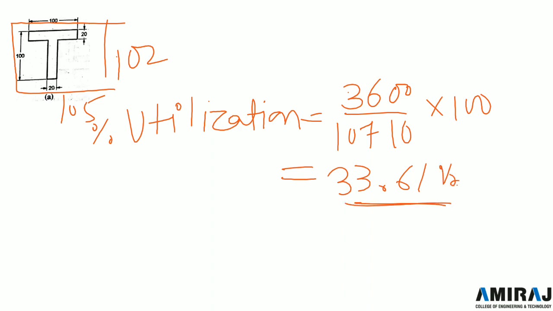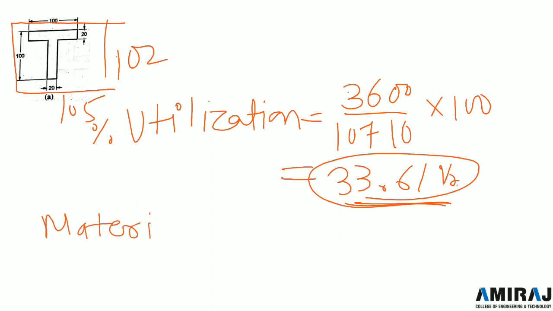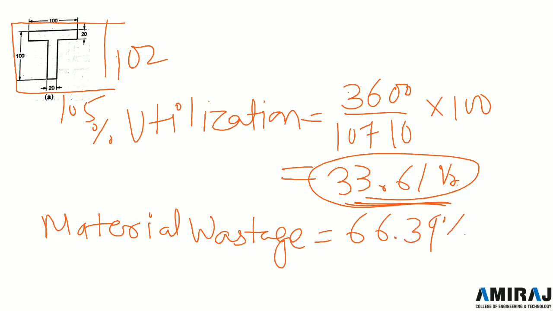If we subtract it from 100, we get the material wastage, which is around 66.39%. So for the single pass layout, the material wastage will be 66.39%.